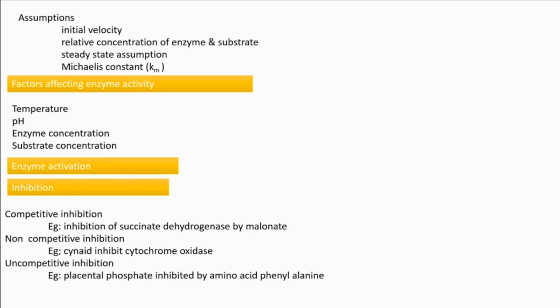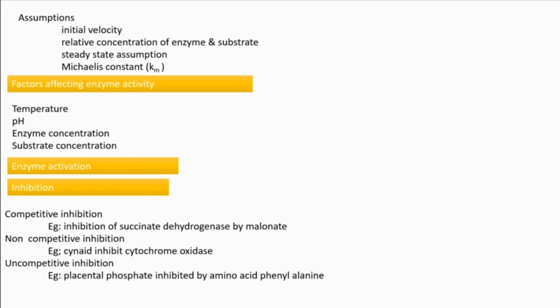As a result, we need to understand the values of two constants, two terms: Km, the Michaelis constant, and Vmax. What happens to Km and Vmax? Vmax is otherwise called turnover. Turnover means the rate of dissociation of the enzyme substrate complex to enzyme and product.